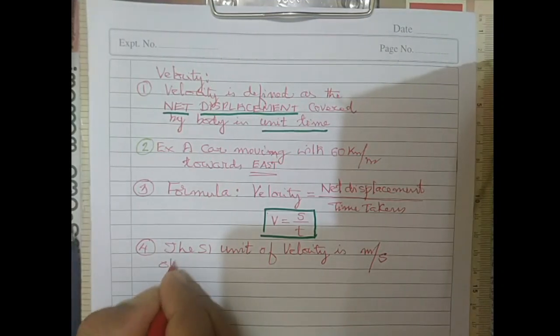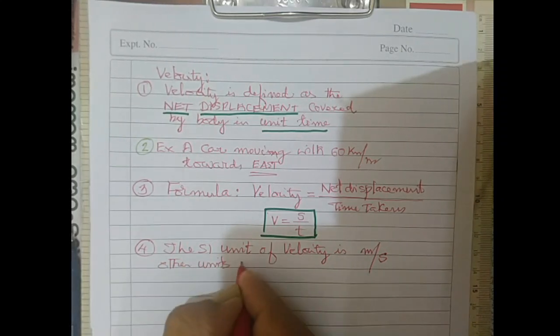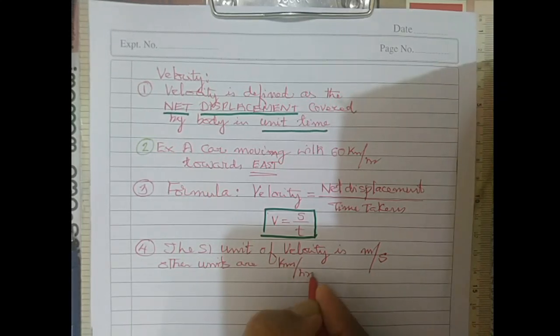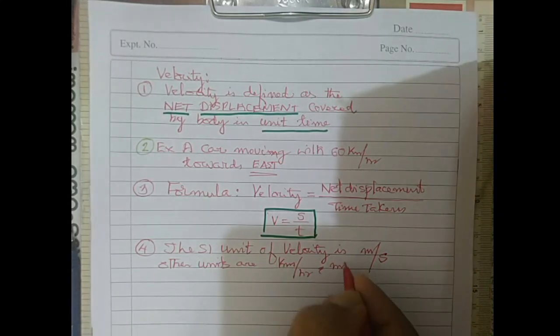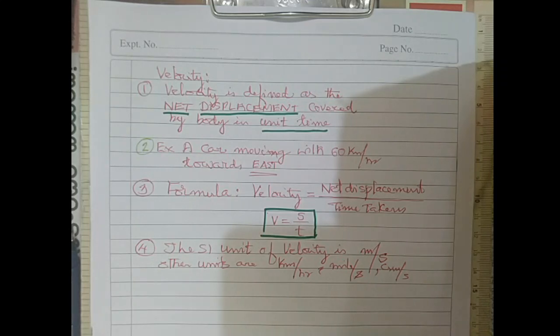However, other units are there: kilometer per hour, mile per second, centimeter per second. If you observe carefully, for speed also, the SI unit is the same. This is the similar point for speed and velocity. Other points are different. Only this point matches.